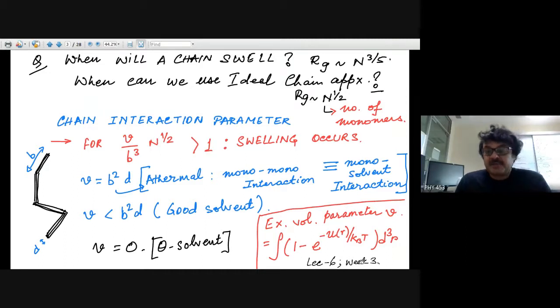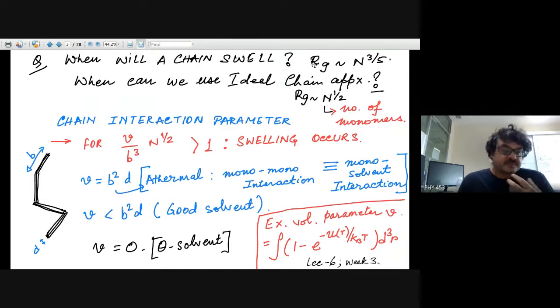If you have forgotten, please refer to my lecture 6, week 3. But if a polymer is very dilute and extended, and the monomers don't even interact much with itself, right? Then one can actually use the ideal chain approximation, where the R_G, the radius of gyration, or the end-to-end vector, goes as N to the power half.